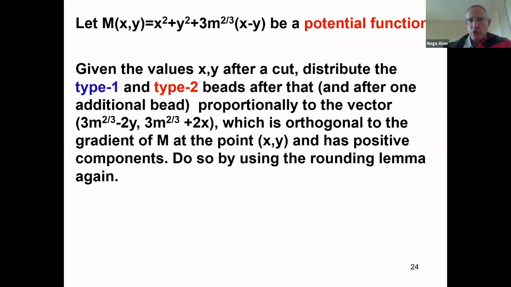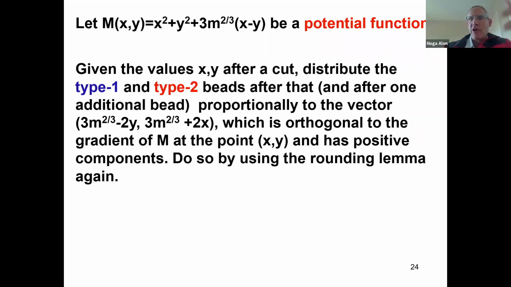And if this is orthogonal to the gradient, then the main change in m of xy will be 0, either when we add or subtract, and we get only what comes from the second term in the Taylor expansion, if you want. Here it's a polynomial, so it's just a second term. And therefore, this will mean that it will always add something to the potential.